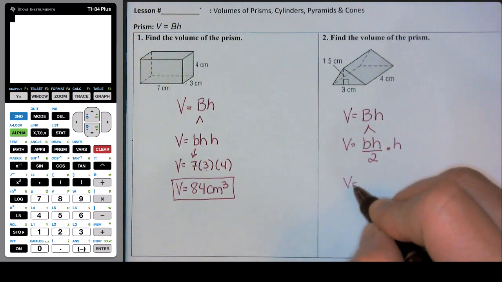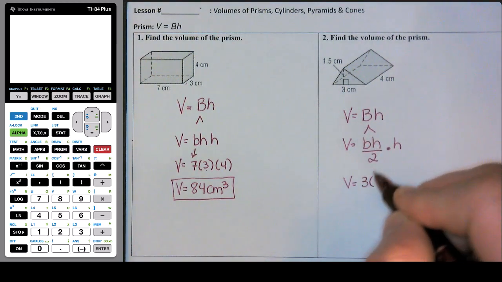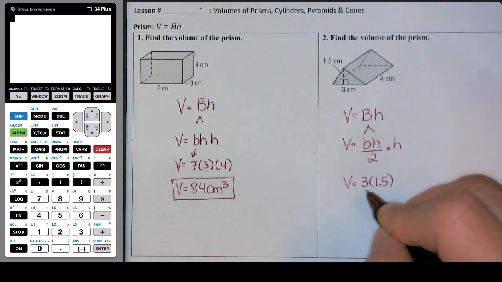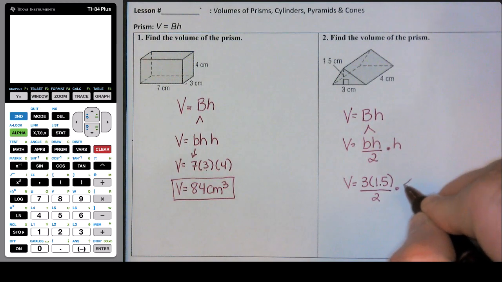Okay, so here we go. The base of the triangle is 3. The height is 1.5, over 2, times the height of the prism, which is 4.